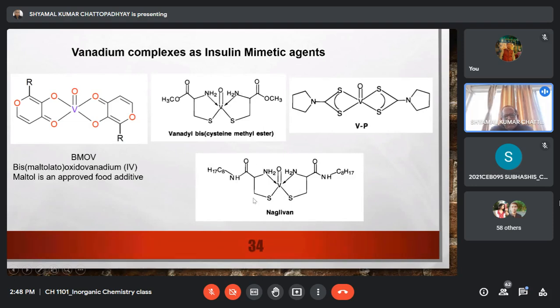Again, this is cysteine. You see cysteine. The only difference is that here, instead of the carboxylic acid in cysteine, this has been converted to an organic amide with 8 carbon atoms.